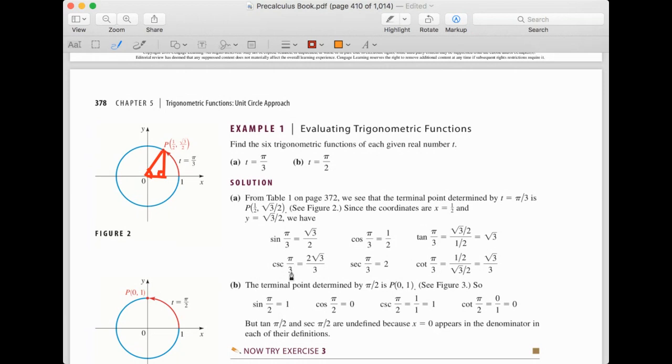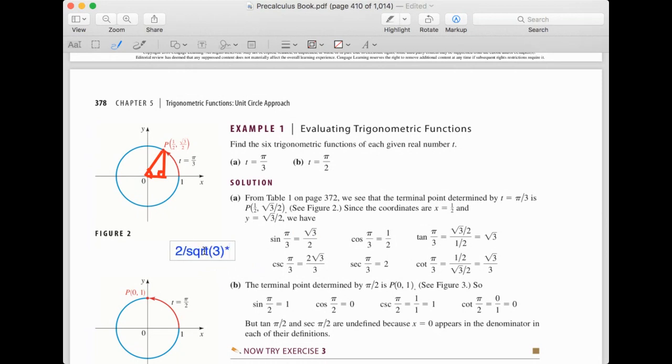Cosecant of pi over 3 is 1 over sine pi over 3, which is a flip. When we flip, we get 2 divided by square root of 3.